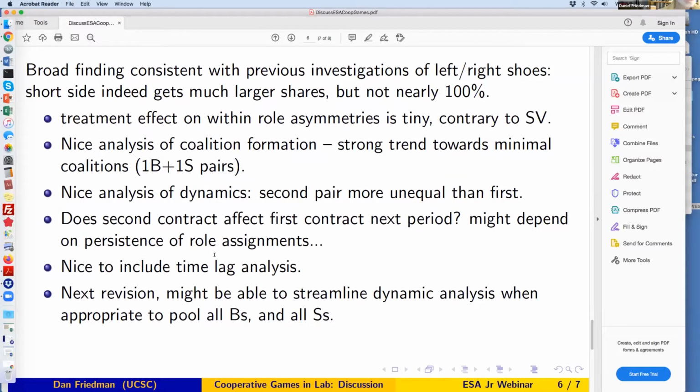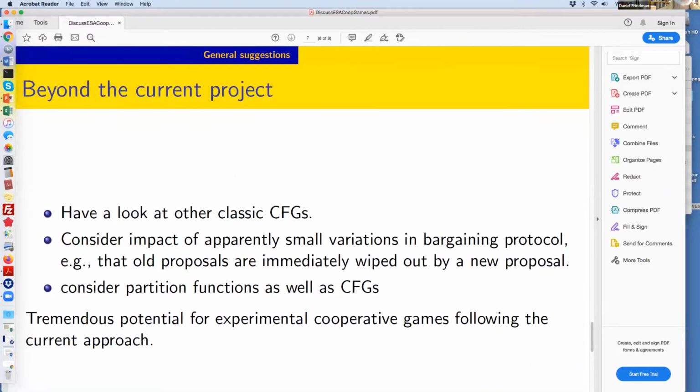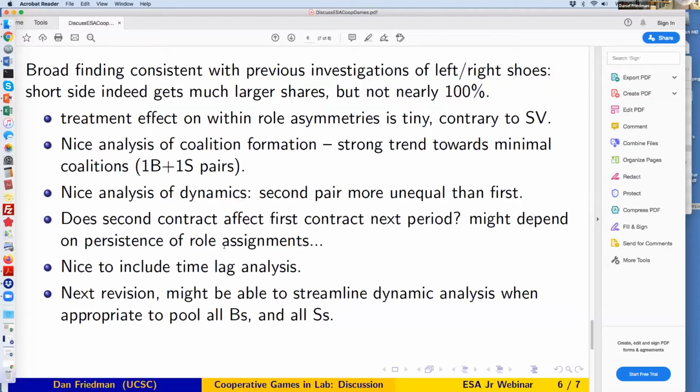The striking thing that I didn't know before is that, contrary to Shapley value, in treatment two, where you had asymmetries in terms of the roles, you didn't get the kind of effect that Shapley value would predict. Another nice aspect of this, which I haven't really seen before, is a detailed look at the coalition formation and the trend towards two-player coalitions, that is pairs. It was very strong, very striking, and makes a lot of sense. She has a nice analysis of dynamics. The second pair generally has a less equal split than the first pair.